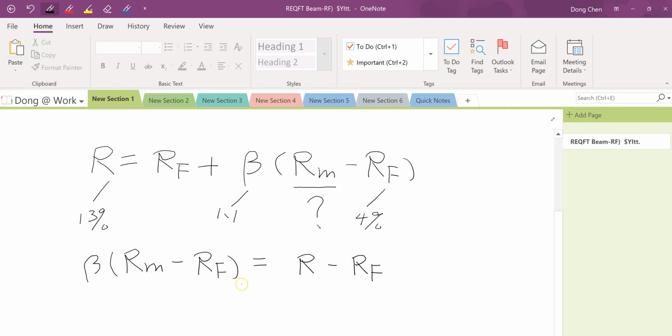So this becomes the left-hand side, and R_i minus R_f becomes the right-hand side.